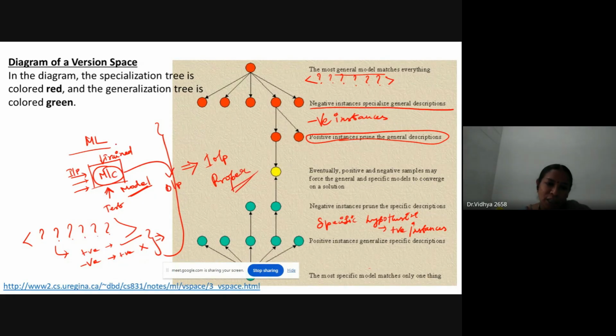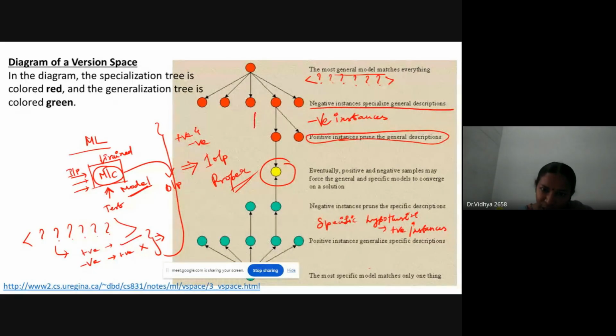To overcome these issues, we apply the candidate elimination algorithm, where we consider both positive as well as negative instances. Please understand the flow; we are converging here finally.